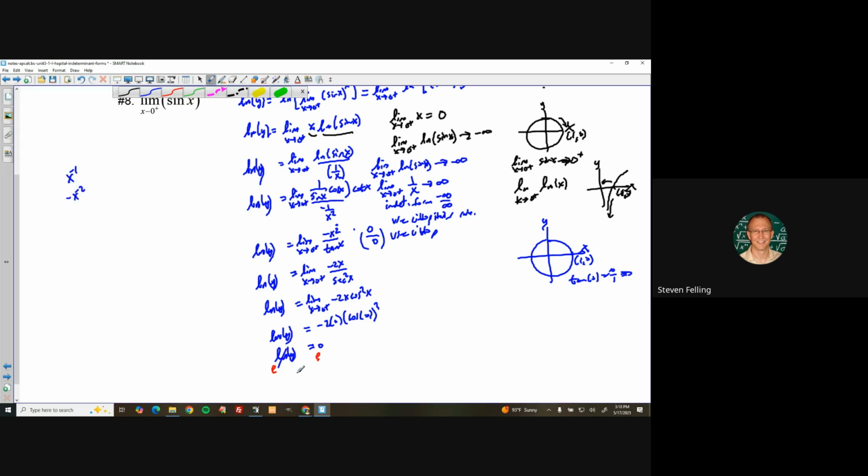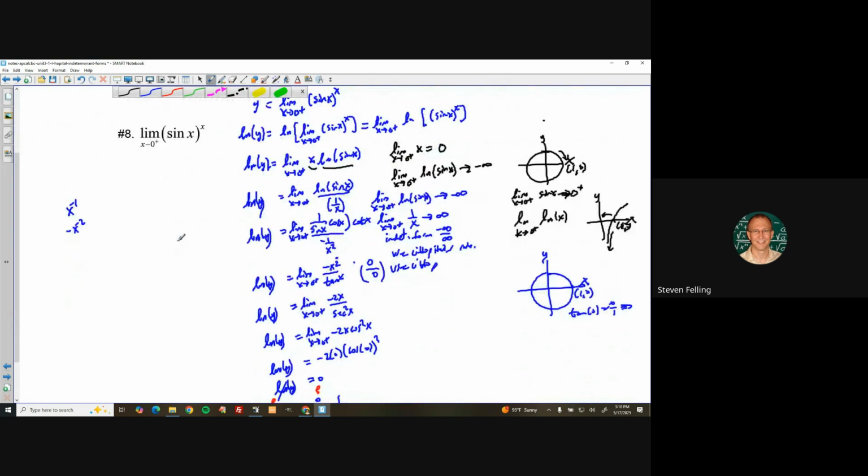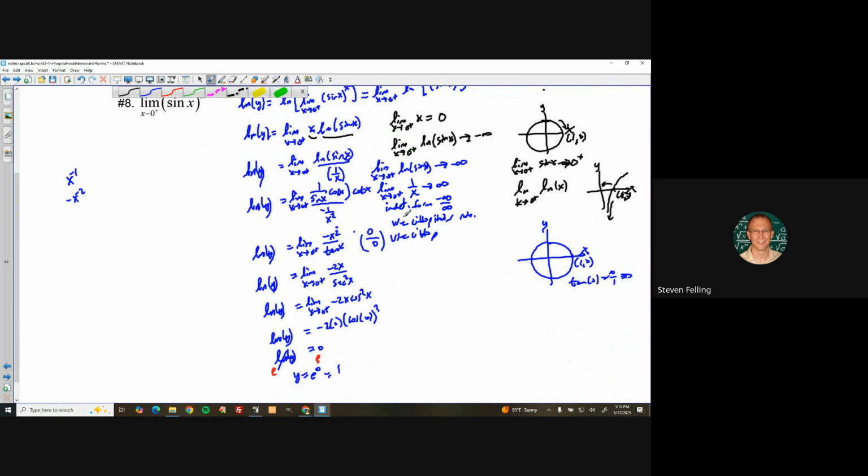And that would cancel and give me y is equal to e to the 0, which is 1. And we defined y to be our original limit. So therefore, this original limit, the limit as x approaches 0 from the right of sine of x to the x, is in fact equal to 1.